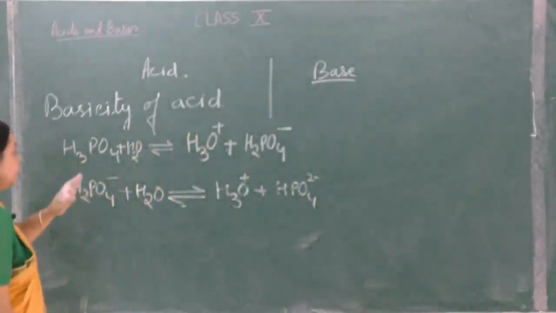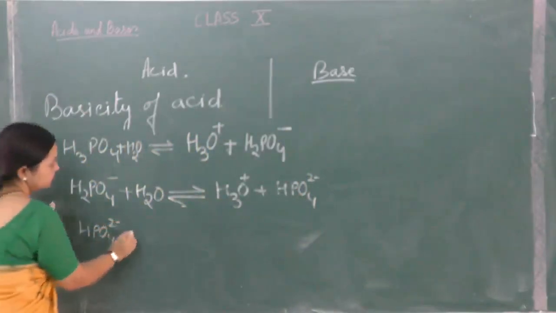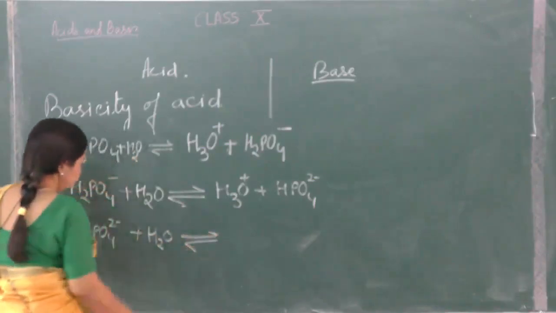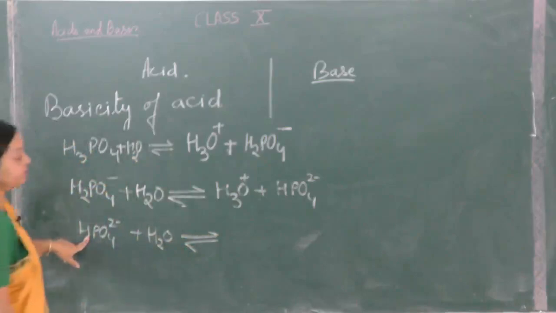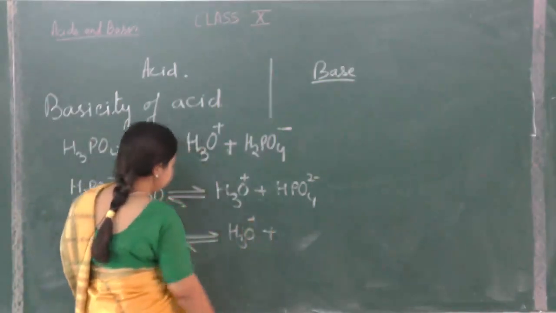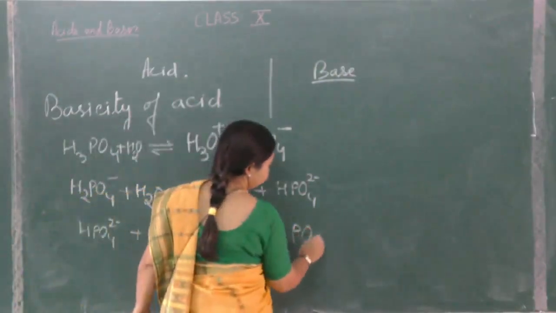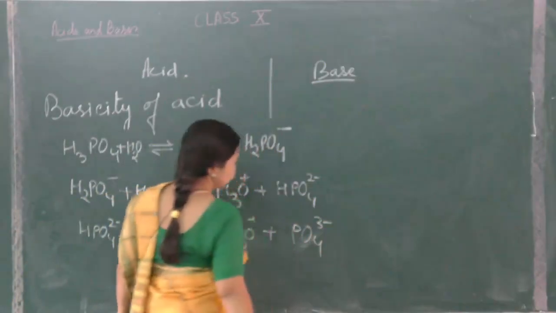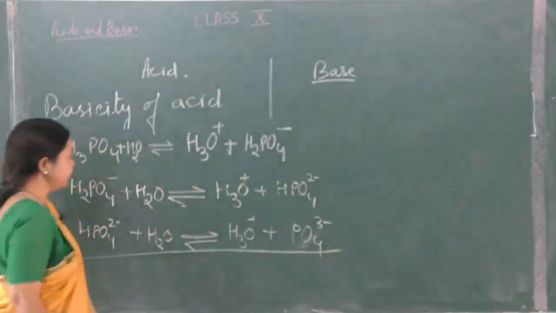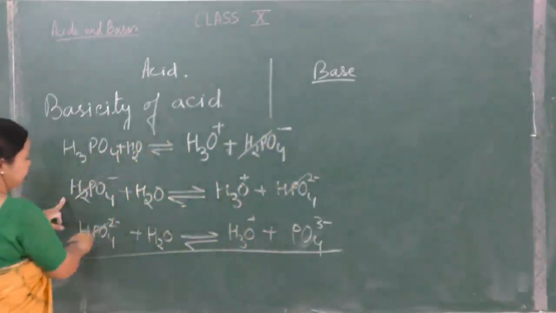Now this HPO4 2- again dissociates and forms, there's still 1 hydrogen left, so it will furnish another hydronium ion, H3O+, and PO4 3-, phosphate 3-. Altogether, if you write the overall equation, this and this cancels, this and this cancels.